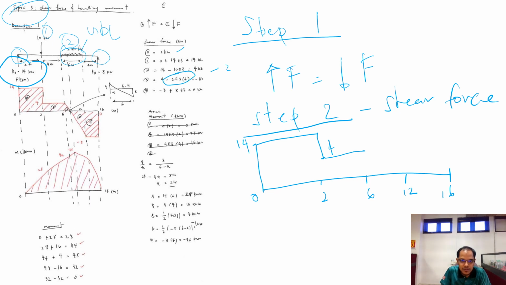Here is UDL. So 4 minus 6 multiplied by 2 is 12. So 4 minus 12 is equivalent to negative 8. So here is negative 8.